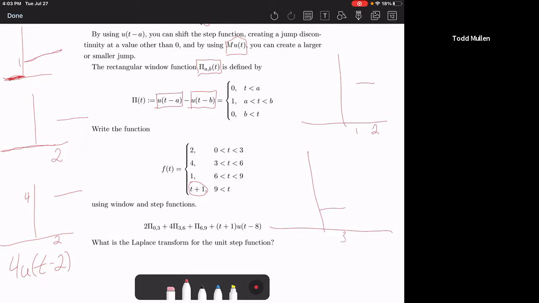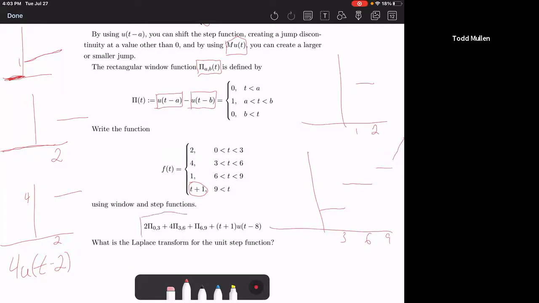Then it's going to be equal to 4 from 3 to 6. Then it's going to be equal to 1 from 6 to 9. And then it's going to be equal to t plus 1 from 9 onward. So that's what the graph's going to look like.